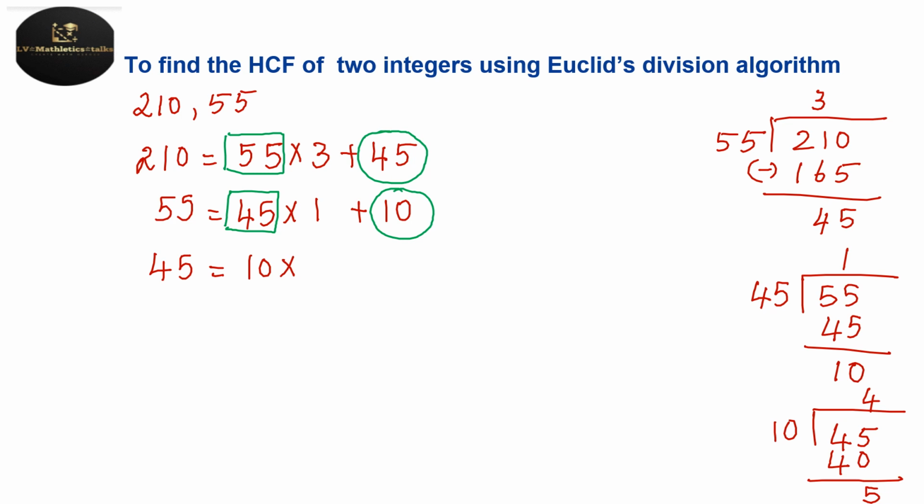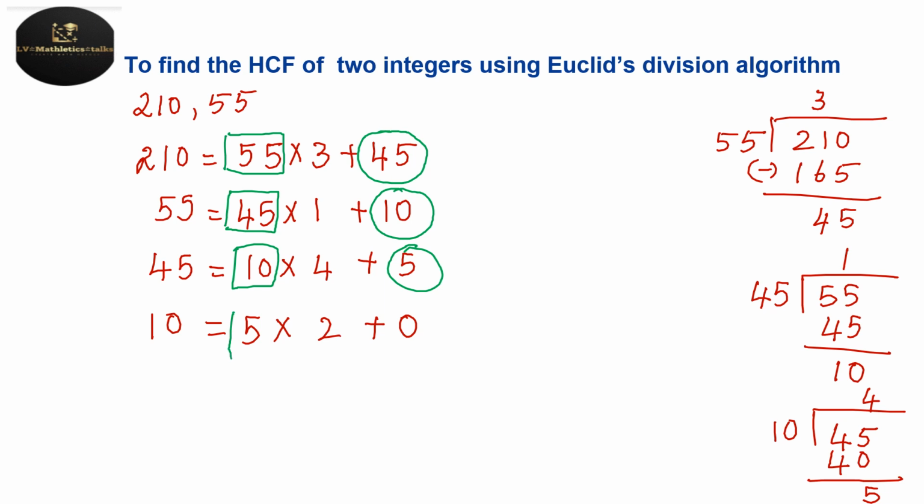So 45 = 10 times 4 plus 5. Now consider the divisor 10 and the remainder 5. Using Euclid's division lemma, 10 = 5 times 2 plus 0. Now I got 0 as the remainder.